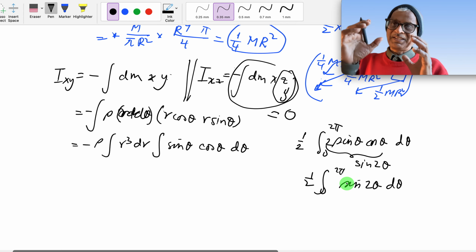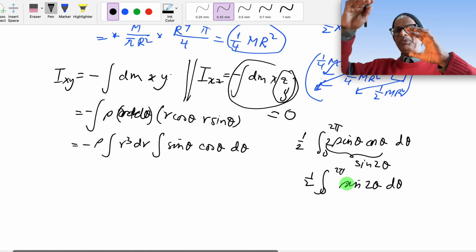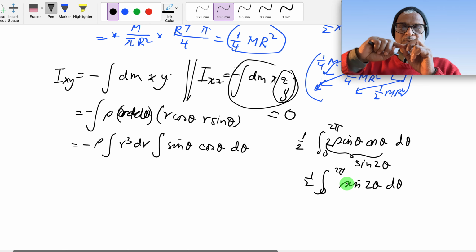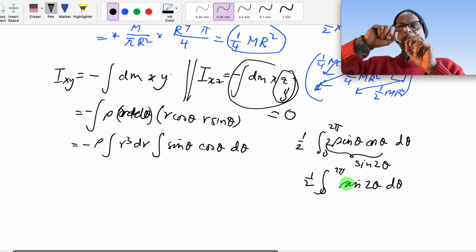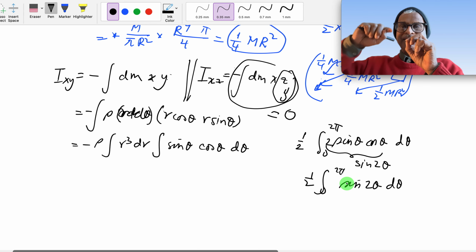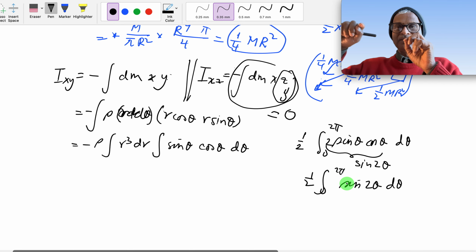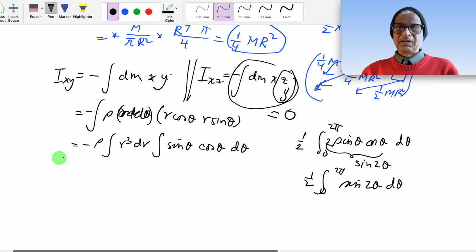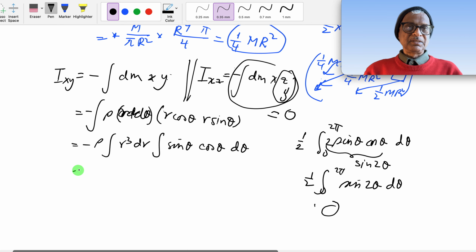And again, just like cosine, 2 theta will make one whole cycle in a pi, and another pi will make 2 cycles, and each cycle has positive area and negative area, they will cancel out. So this is actually 0.